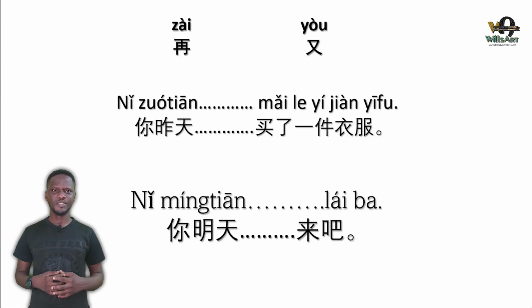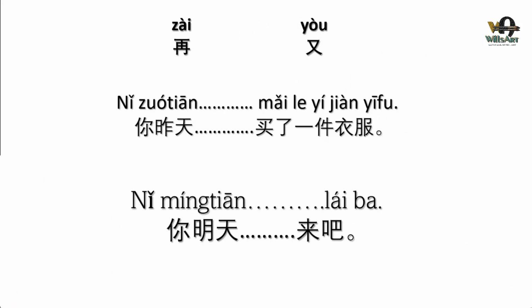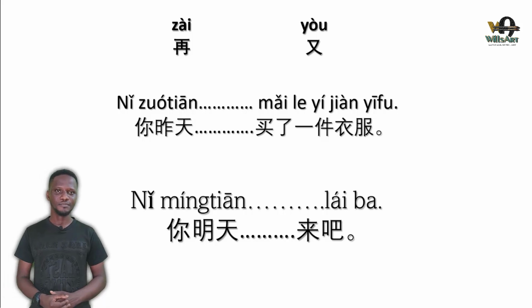Let me see if you understand what I've been teaching. You can try this exercise. Apply 再 or 又 in these 2 sentences. Number 1. 你昨天 dash 买了一件衣服。Number 2. 你明天 dash 来吧。So what's your answer?